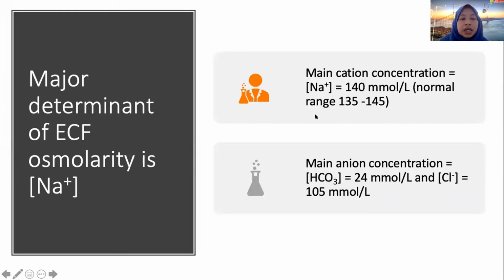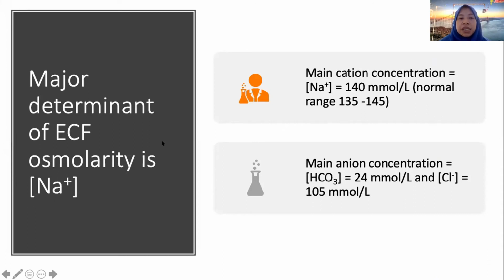Right. When we talk about fluid balance, we usually refer to the extracellular space. In the extracellular space, there are two things you need to consider, which are the osmolarity as well as the volume. You need to know that the major determinant of the extracellular fluid osmolarity is mainly the sodium ion concentration.